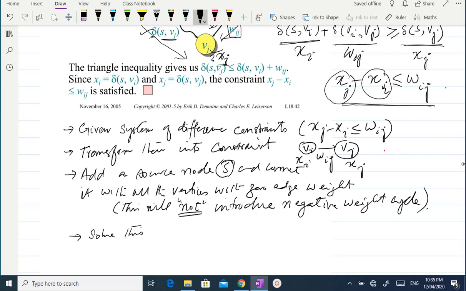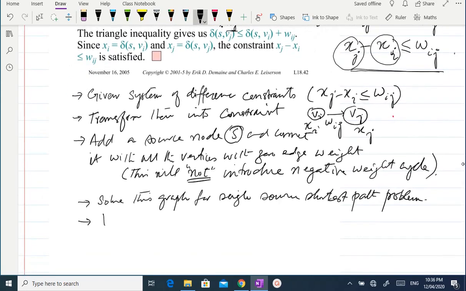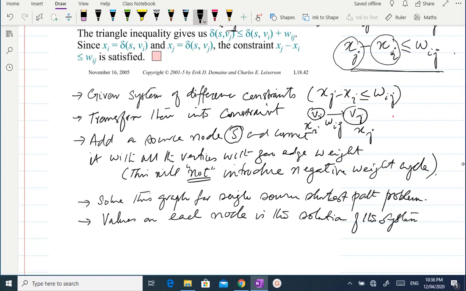this graph for the single source shortest path problem, and finally the values on each node are the solution of the system of difference constraints.